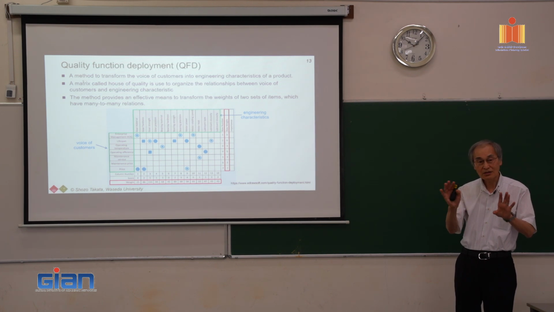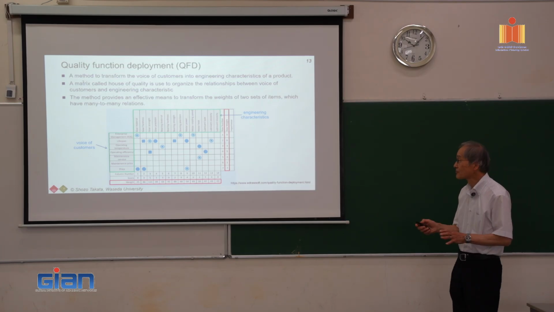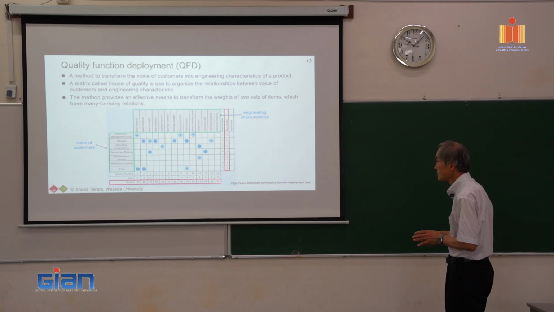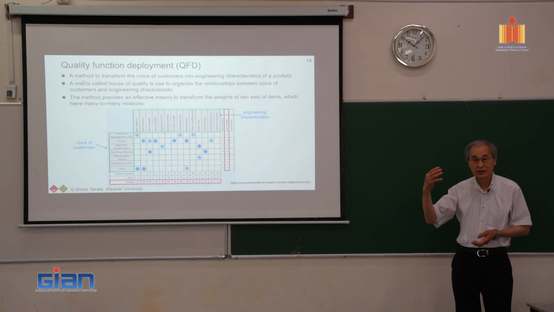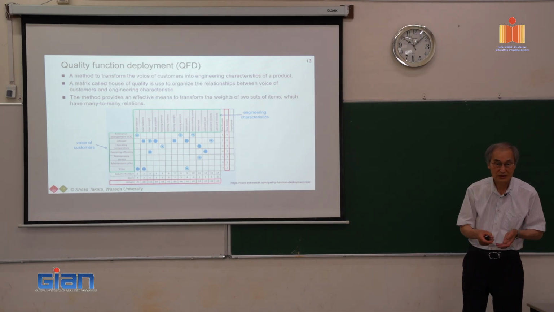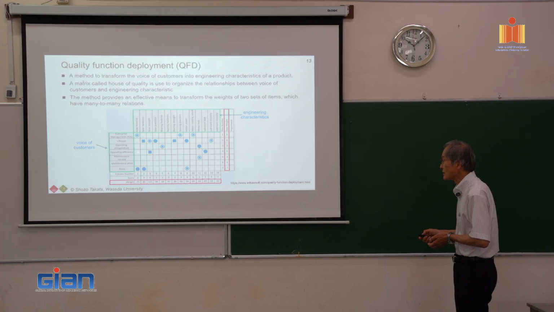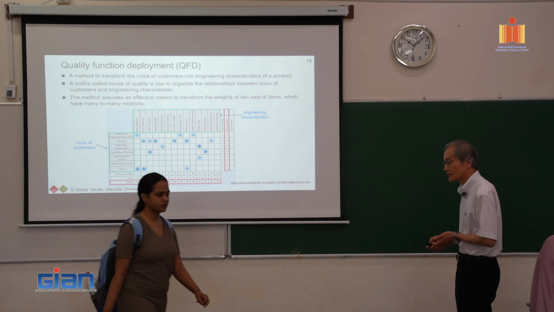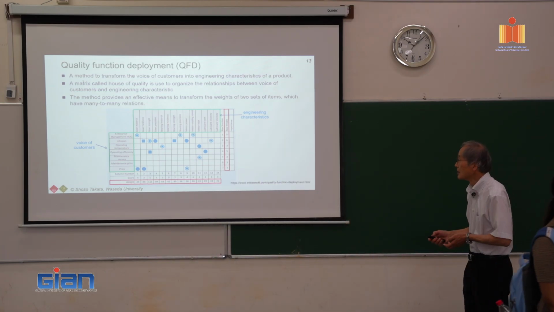So there is a different aspect. So you select from the user's questionnaire or the information from the marketing department and so on. You should collect the voice of customers.